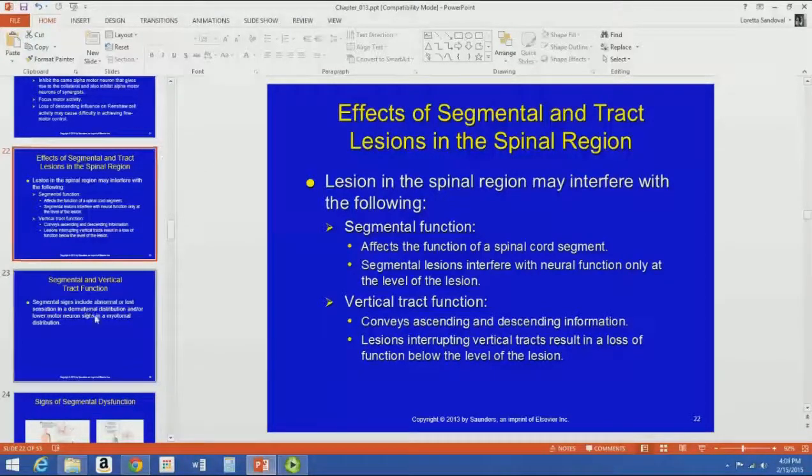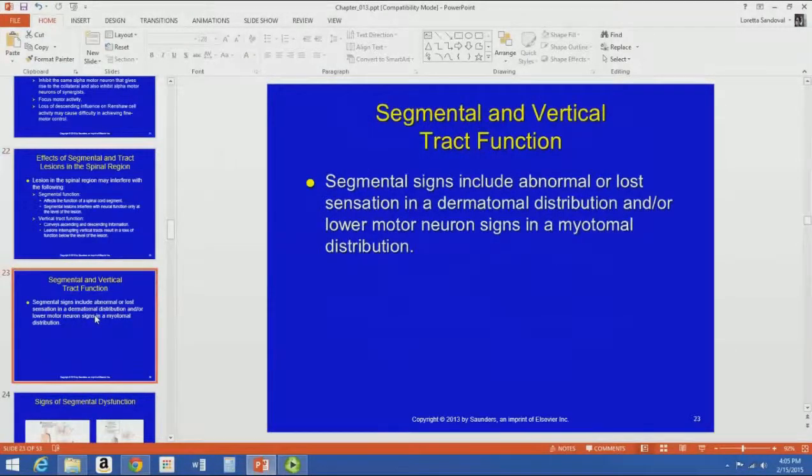Okay? So segmental signs include abnormal or lost sensation in a dermatomal distribution or lower motor neuron signs in a myotomal distribution. In the peripheral system, we talked about how peripheral lesions show up in a peripheral nerve distribution, while spinal lesions show up in a dermatomal or myotomal distribution.